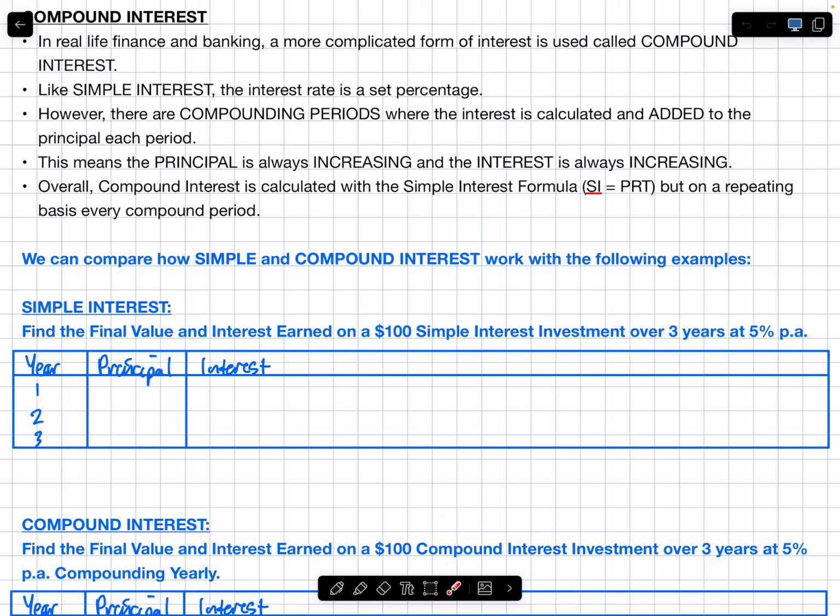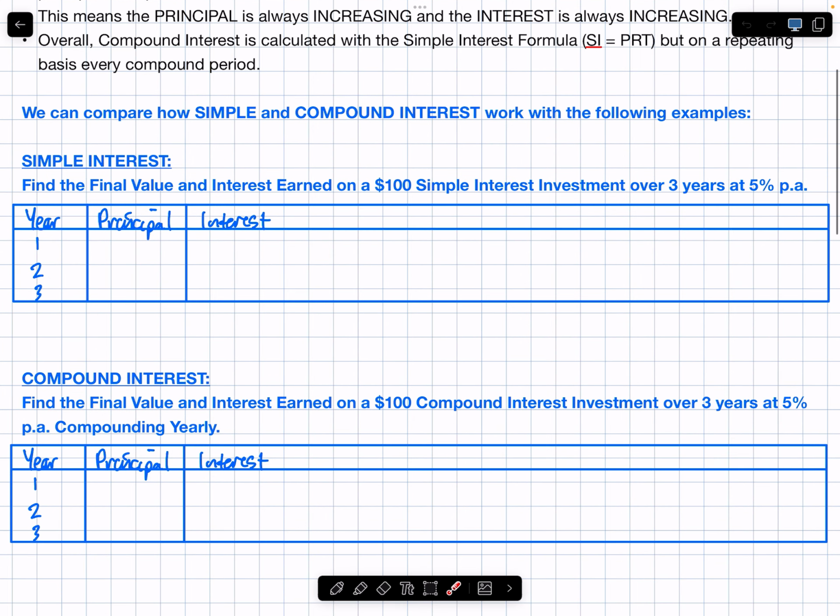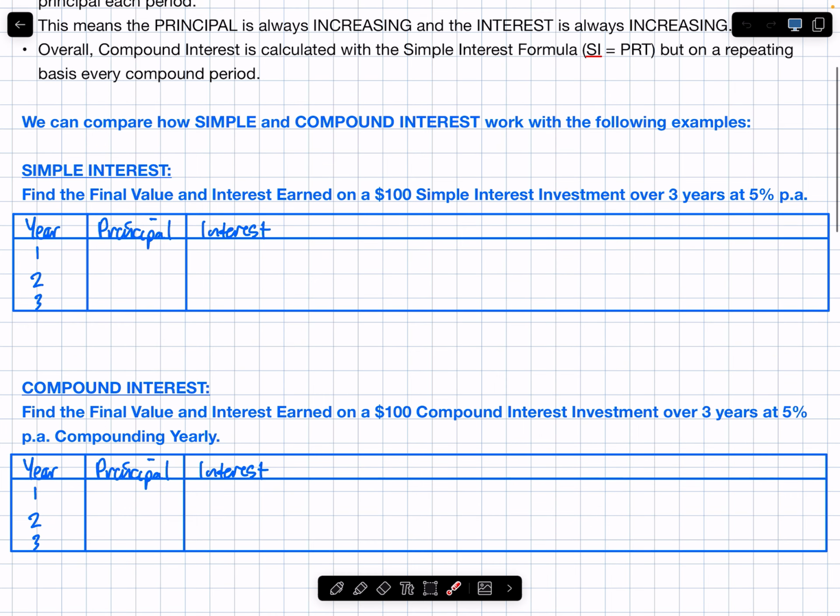Overall, compound interest is calculated with a simple interest formula, but you're repeating it each compound period. So the two examples that I want to do literally directly address the Australian curriculum. Year 10 says that you need to be able to see the contrast between how simple interest works and how compound interest works. So we have two situations here.